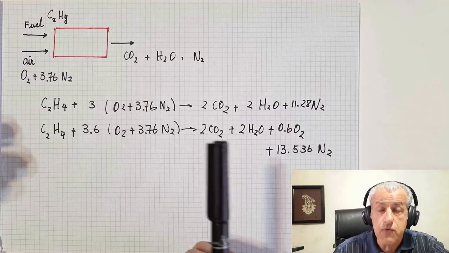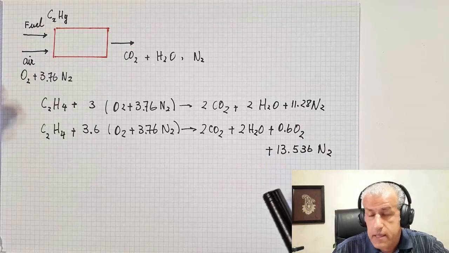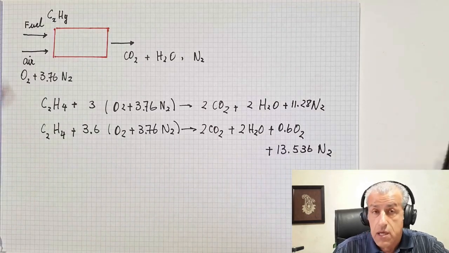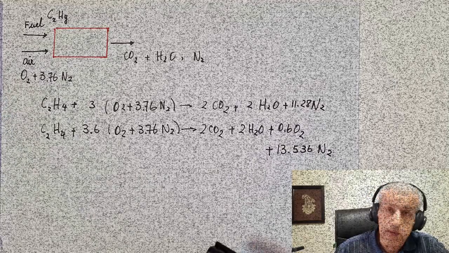So we have to write our equations in a way that accounts for such breakage and such joining in order to be able to calculate our enthalpies and entropies.